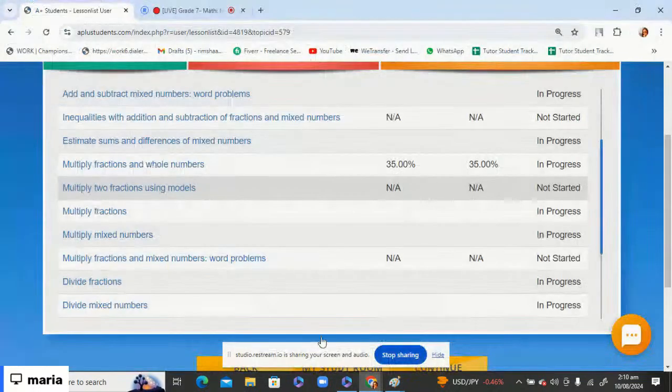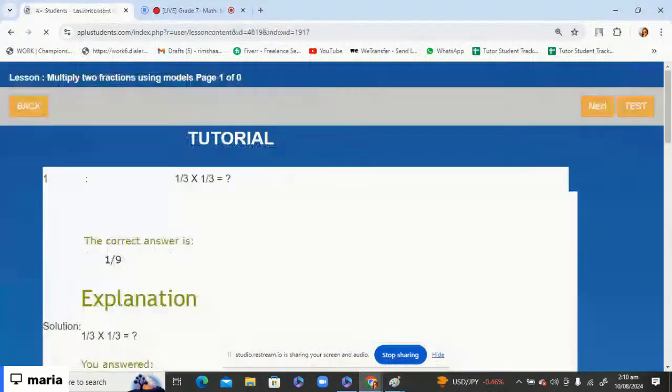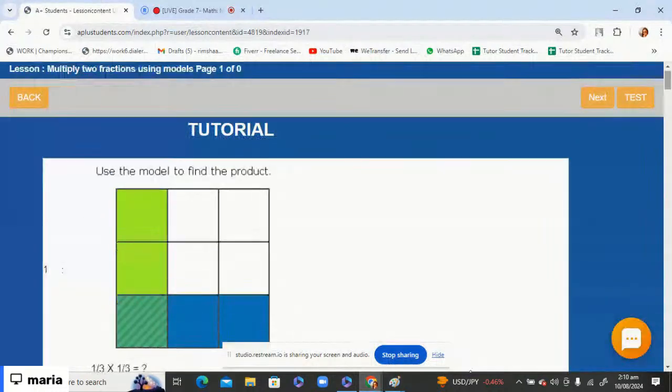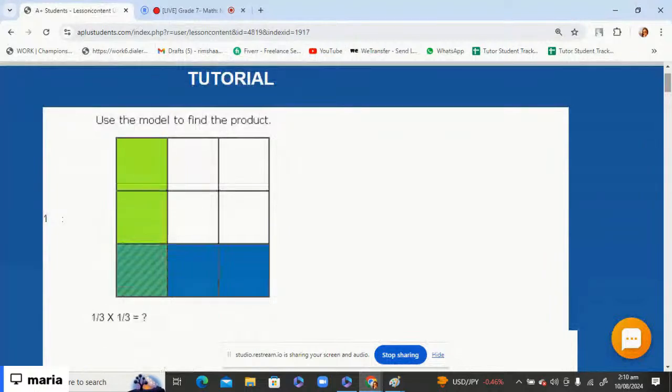So here is the next one. Let's do it. Now use the model to find the product. We are just going to find the product, which means we are going to multiply and then find the answer.